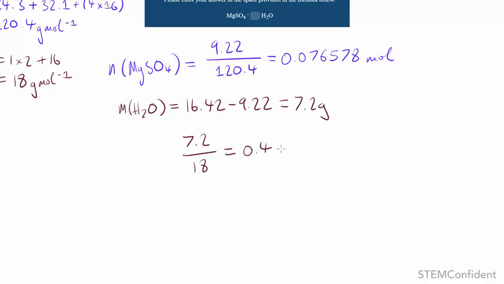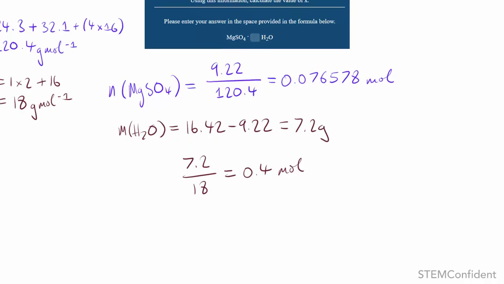So that's going to be 0.4 moles. Okay, so we've got now a molar value for H2O and one for MgSO₄. However, as mentioned right at the start, the real question is, for every 1 mole of MgSO₄, how many moles of H2O are we going to have? And this is obviously not 1. So what we're going to do is make a ratio between the two and then go from there.